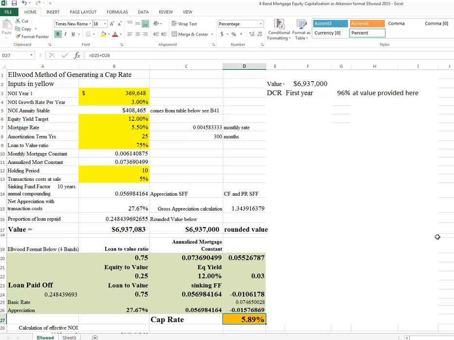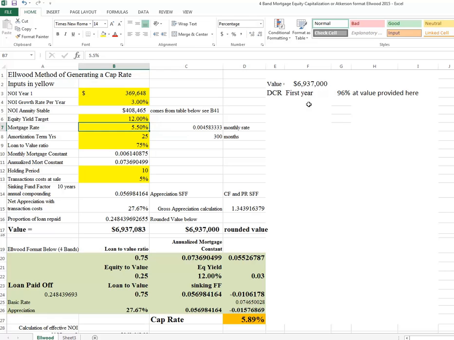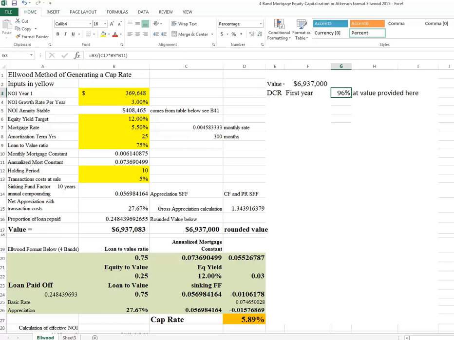Notice there's a problem here, though. If we're borrowing 75% at 5.5%, the debt coverage ratio the first year is 96% of the net operating income. That means that there's not enough money to pay this loan. And we're going to have to bring that value down to get this up.